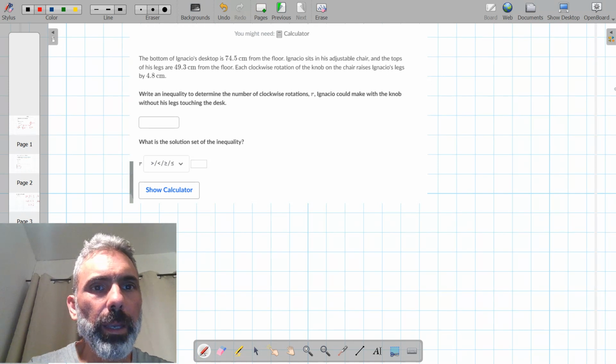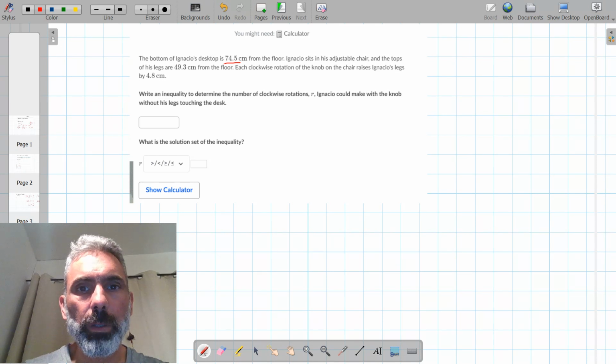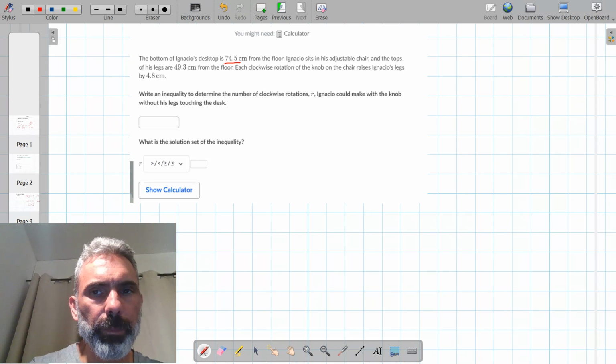The bottom of Ignacio's desktop is 74.5 centimeters from the floor. Ignacio sits in his adjustable chair, and the tops of his legs are 49.3 centimeters from the floor.